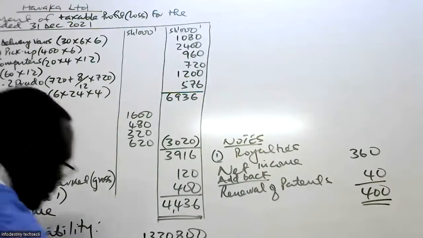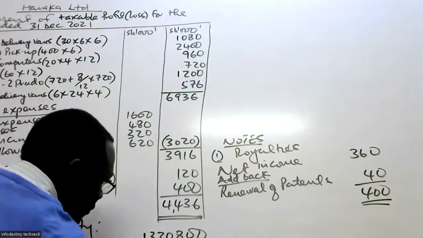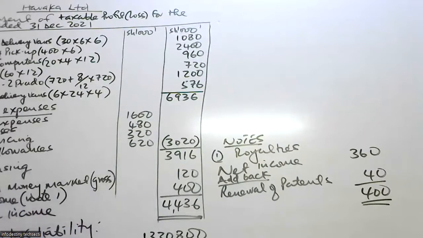So 18,000 we deduct here. Then there is royalty income. For royalty, withholding tax is 5% for residents. So 5%. That should be 20,000.